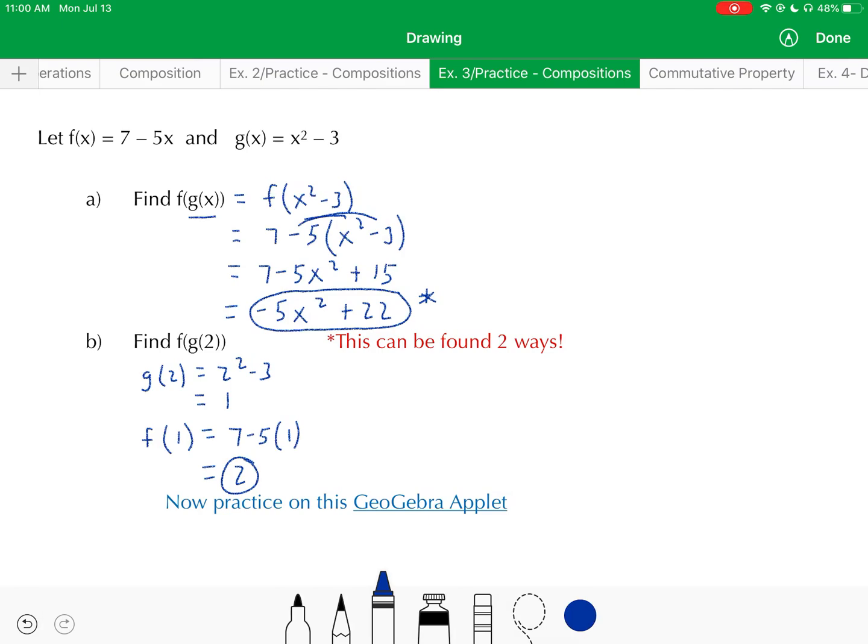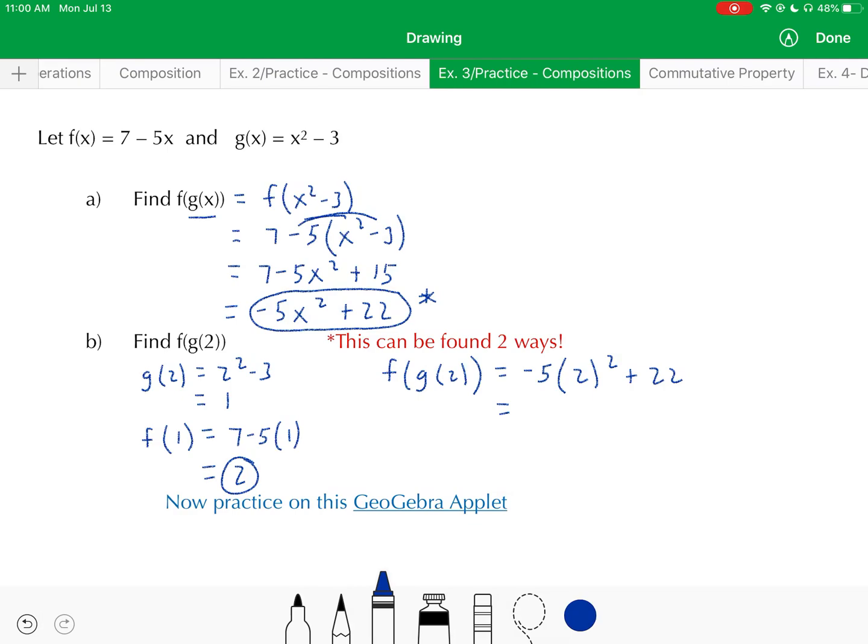Or your second option is you could use the result from part A of this example. You treat it like a formula, and you're going to plug 2 into that for x. So that would look like this.